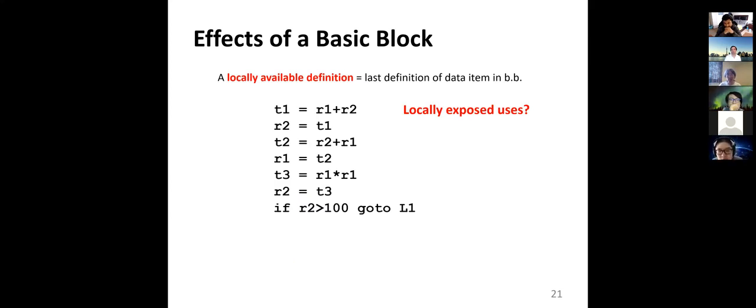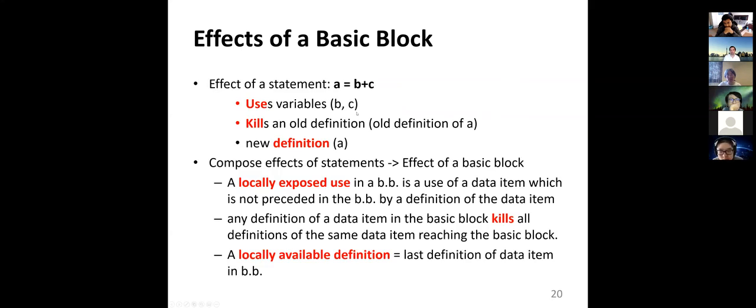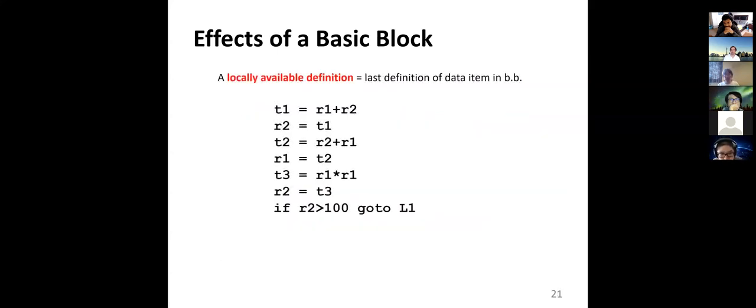Do you guys see any locally exposed uses in the first line? Remember, a locally exposed use is a use of a data item which is not preceded by a definition of this data item in this basic block. So do you see any uses in the first line? Locally exposed uses?